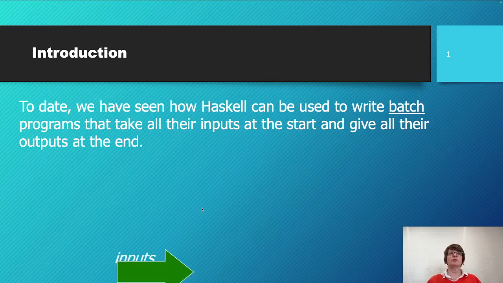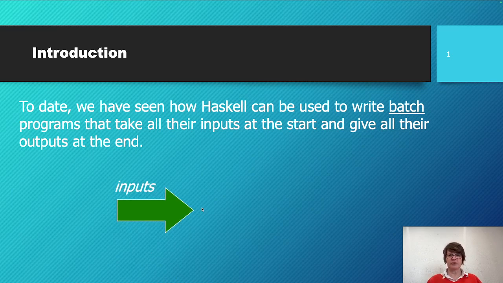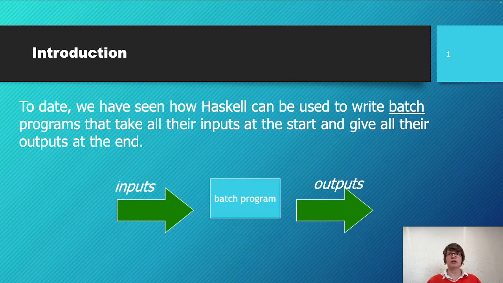So what you have is your inputs or your arguments into the function, you have your program or your function, and you have outputs. And the action of the function can be written simply as a relationship, if you like, between the input and the output.